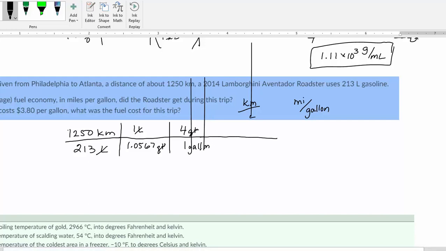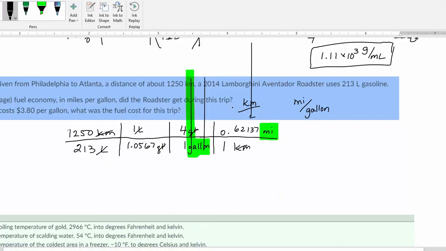Now I'm going to take those kilometers and convert them into miles. In 1 kilometer is 0.62137 miles. So when I cancel out my kilometers, I'm left with miles per gallon, which is what I was looking for. So now I can just do that arithmetic.